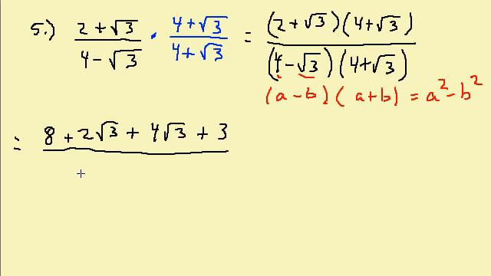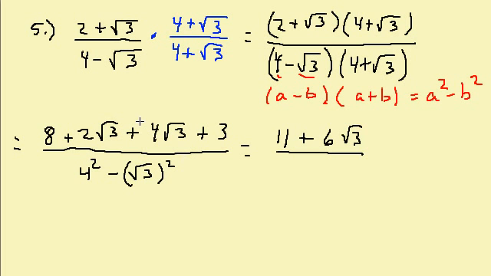So this is 4 squared minus square root of 3 squared. So now I have 8 plus 3 is 11 plus 2 square root of 3 plus 4 square root of 3. That's going to be 6 square root of 3.